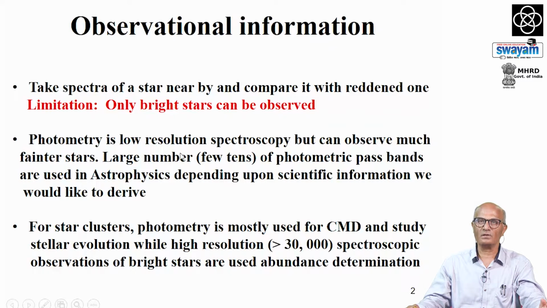We reduce the spectroscopic resolution, but the advantage is that we can observe much fainter objects. In fact, more than a few tens of photometric pass bands are used in astrophysics, depending upon the scientific information we would like to derive.